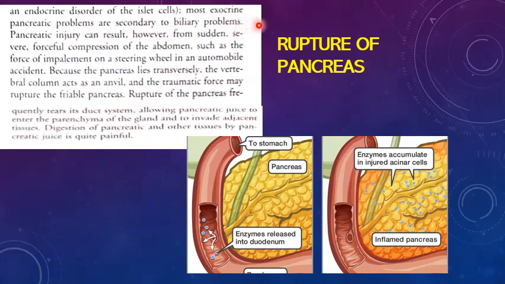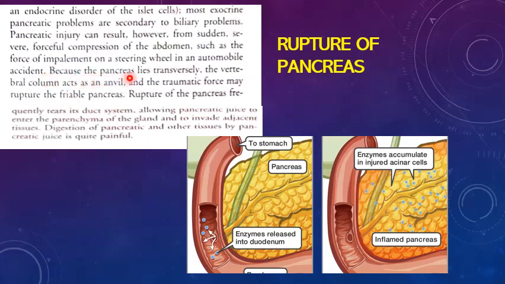Till now, what we have seen are all related to biliary problems. But pancreatic injury can result, however, from sudden, severe, forceful compression of the abdomen, such as the force of impalement on a steering wheel in an automobile accident. In that, forceful compression will occur.